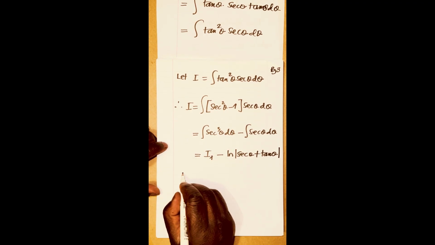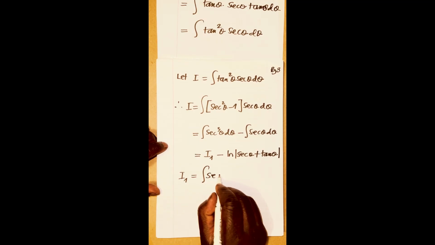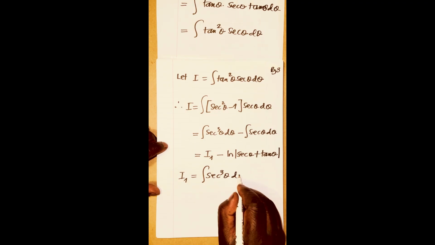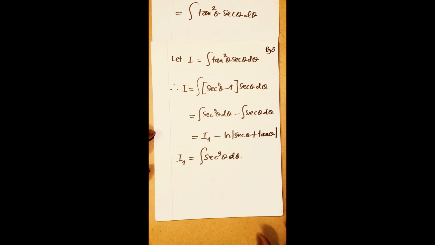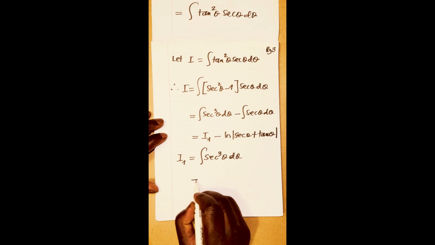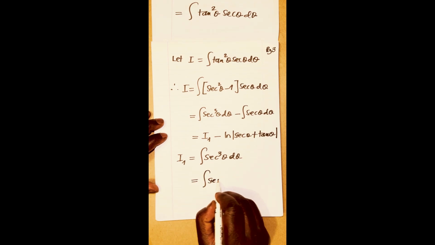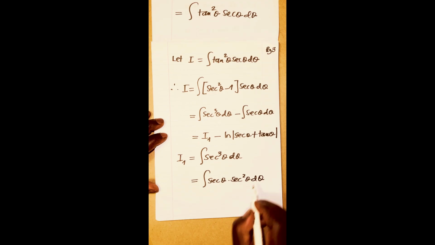So I1 is equal to the integral of sec cubed of theta d theta. I'm going to split this one now. As you would imagine, I would have to split that into sec times sec squared. So this is the same as the integral of sec of theta times sec squared of theta d theta.